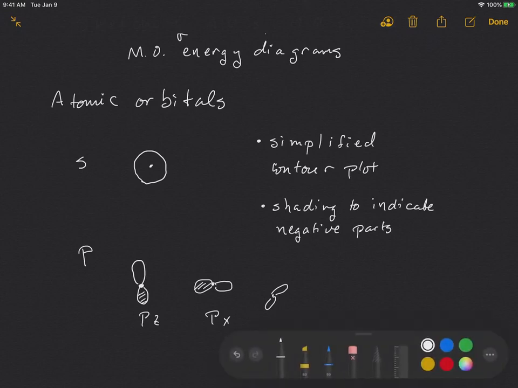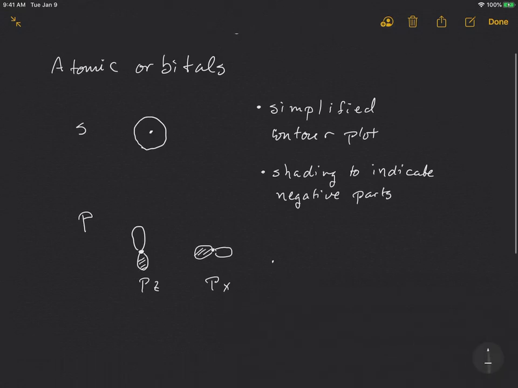That's not so good. Let me try it again. Something like that, where it's at an angle, and we'll call that py. Again, they're represented as a single contour line with shading to indicate the sign.